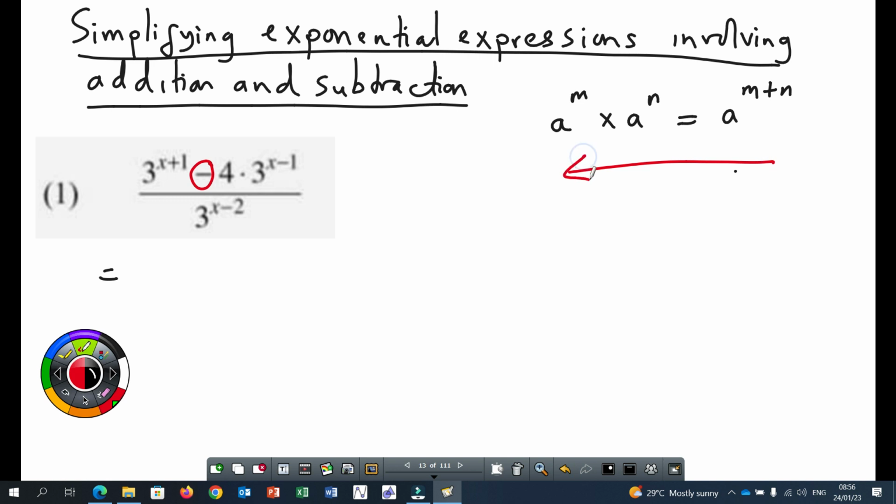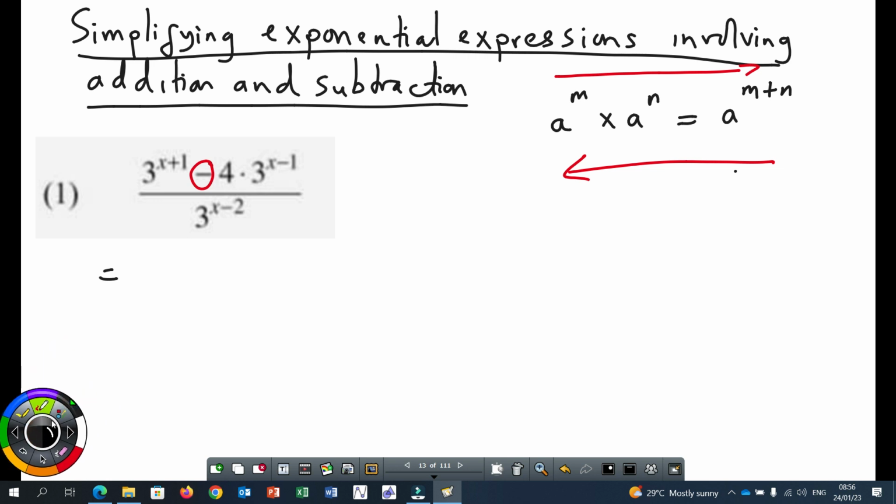So you'll be moving in that direction. So far we have been moving from left to right. Now we are going to do the opposite. Remember, you have to use the first law, moving from the right-hand side towards the left-hand side.